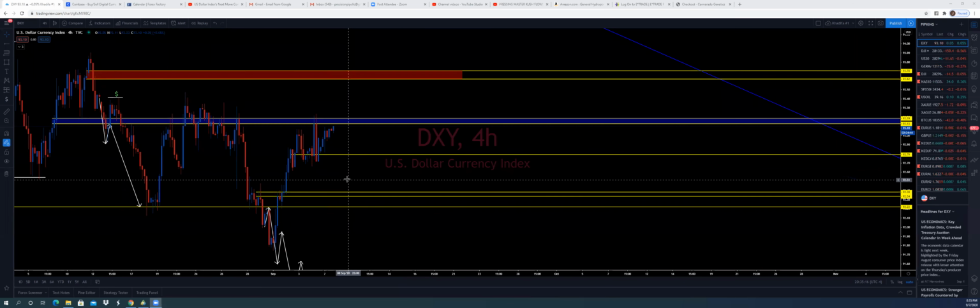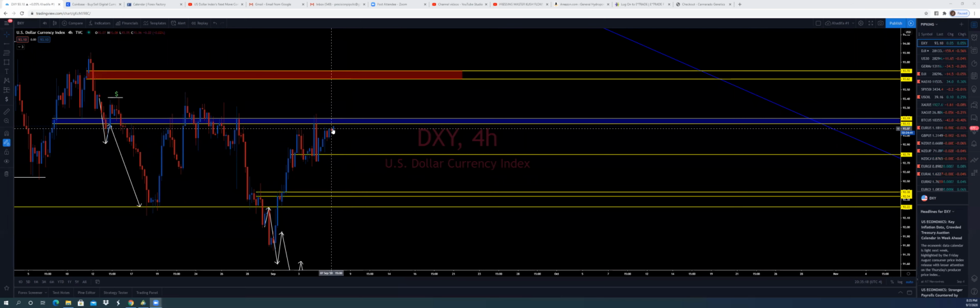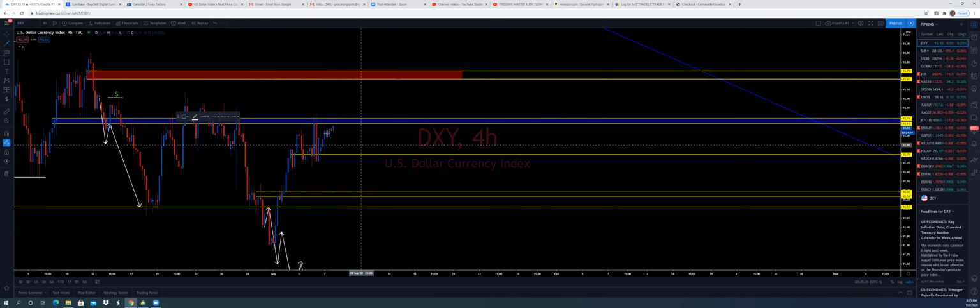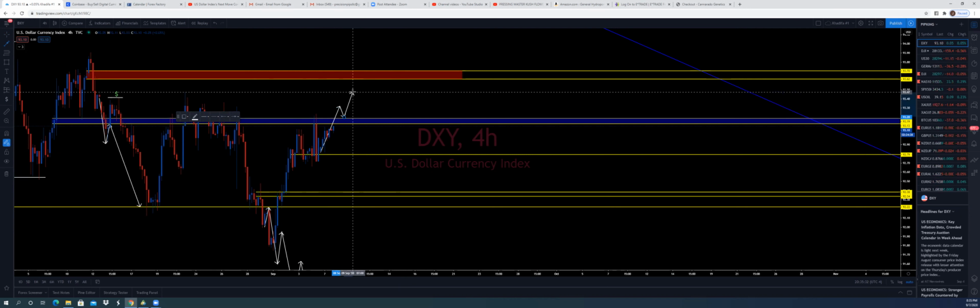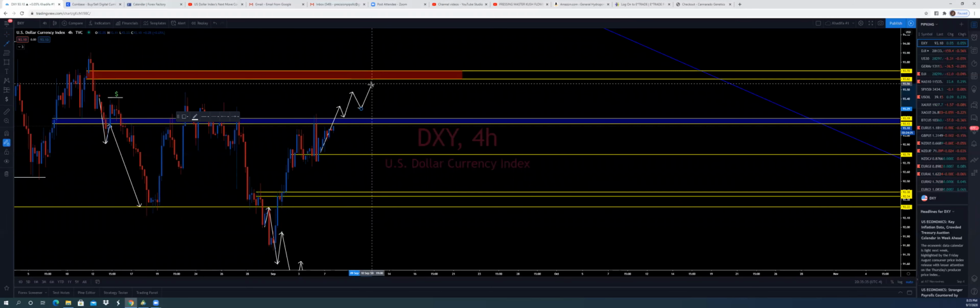What I'm looking at for the dollar now is to see if the dollar can break back above this price level here. If I could get this move out of the dollar in a retest and further move up, then of course this would be our next target level, but we have to see the dollar break this price level first, this loose structure that you see here.